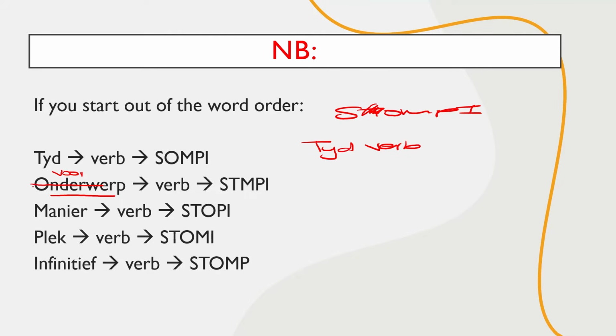If we start with our voorwerp, our object, then it will be your verb immediately after the object. And because STOMPI is like this, and where's the object? After time. So then that would be the rest of your sentence. STMPI. But you won't often get this unless you do remember leidende vorm. Then you would start with the object and then the rest of the sentence.